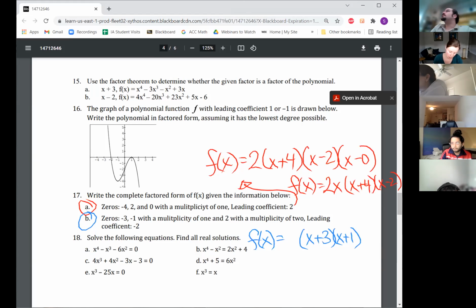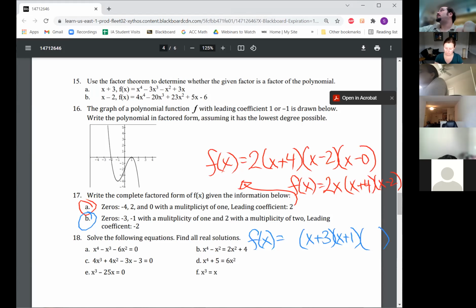I'm not sure about this one, I think it's x plus 1 squared. It says 2 has a multiplicity of 2, so we need another set of parentheses to represent the 2. Maybe it's x minus 2 squared. Yep, good. And then it says the leading coefficient is -2. Put that -2 in front because that's our leading coefficient.